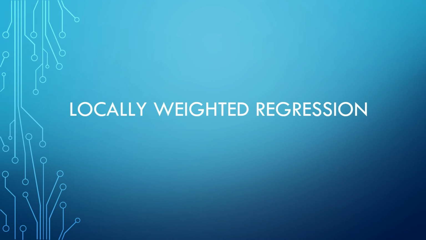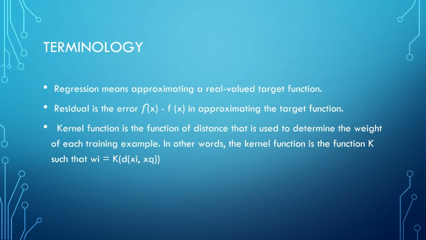Now let us move on to the concept of locally weighted regression. Before moving to locally weighted regression, first of all, we need to understand these terminologies. The first one is regression, which means approximating a real valued target function. The exact meaning of regression in machine learning is approximating a real valued target function.